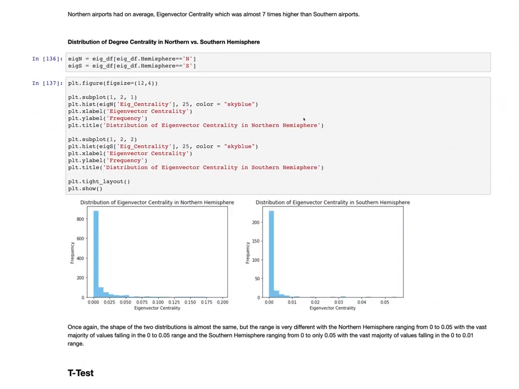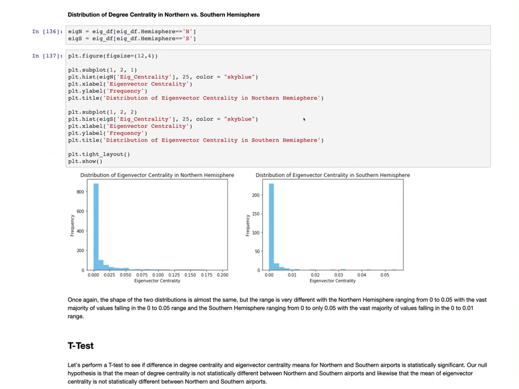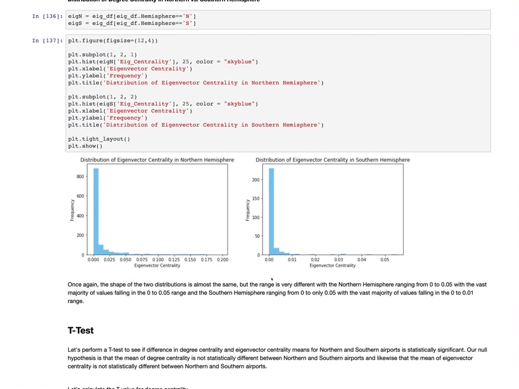And same thing with the distributions again. The shape looks the same, but the range is very different. In the north, it goes from 0 to 0.2, and in the south, it goes from 0 only to about 0.05, so about a quarter of the range. And again, most of the values fall at the low end of those ranges.